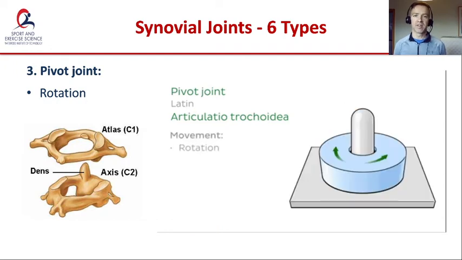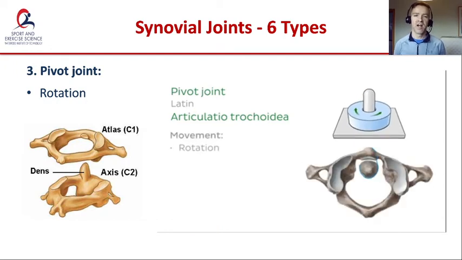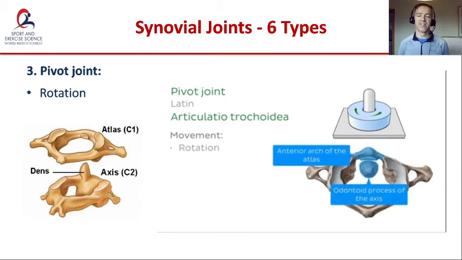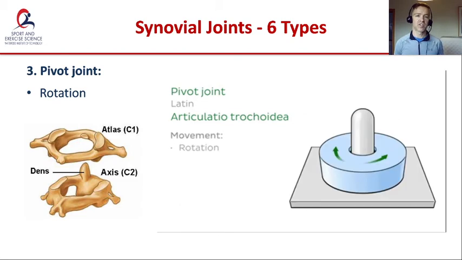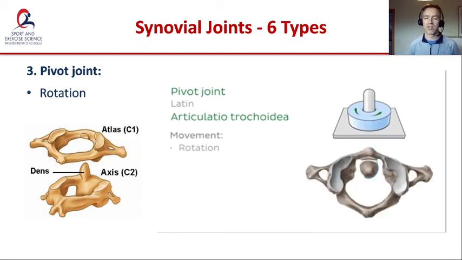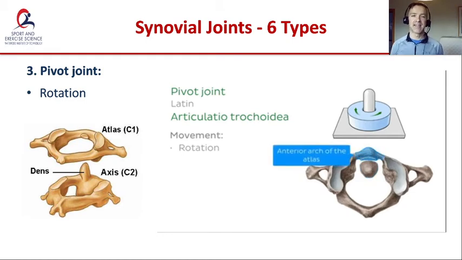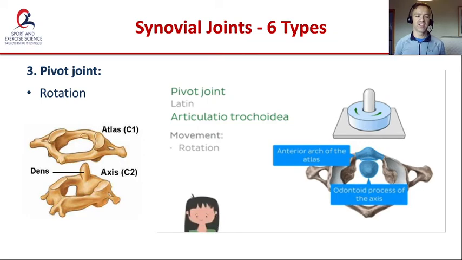At the top, the superior portion of the vertebral column is called your cervical spine, your cervical vertebrae, and the most superior bones of that, cervical vertebrae number 1 and cervical vertebrae number 2, have specific names. We've got your atlas and your axis, and the two of those together form a pivot joint.